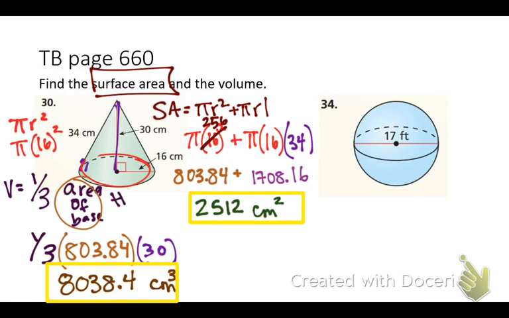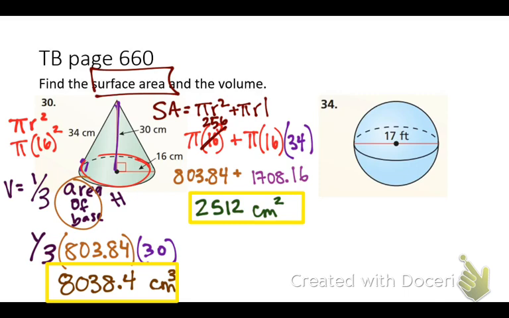Okay, it's cubed. What else? It's still centimeters. Look at the numbers. The volume is significantly larger, right? That should happen every time. This is only accounting for the outside. This is accounting for all that it can be held on the inside. It's always going to be larger. Questions on surface area or volume of a cone?